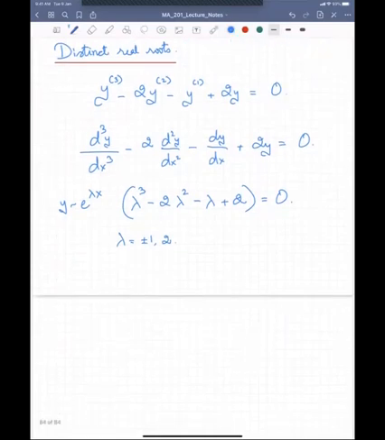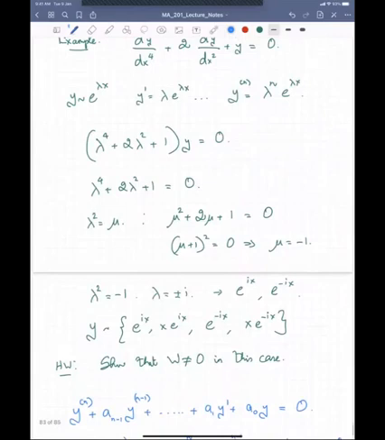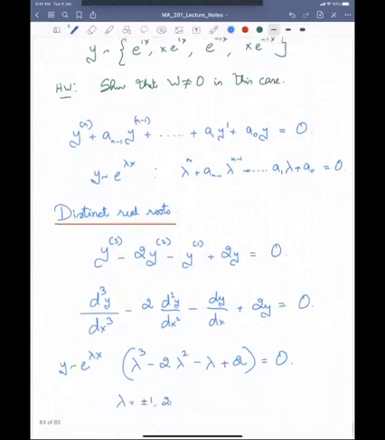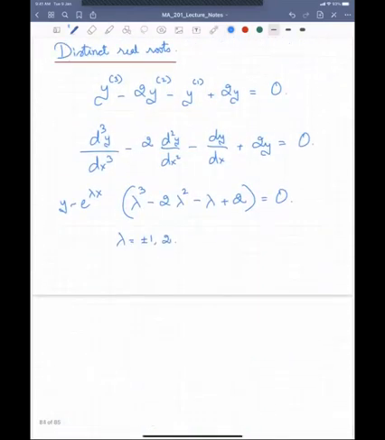Okay, so I can write down the solution in this case, and these are distinct and real because I'm not getting any double roots and so on. Unlike, for example, the case that we investigated before, which was neither real nor distinct.